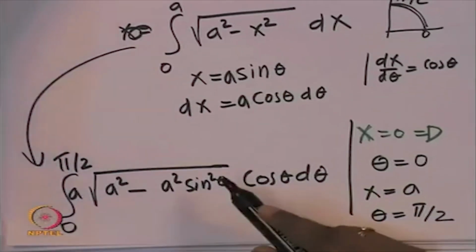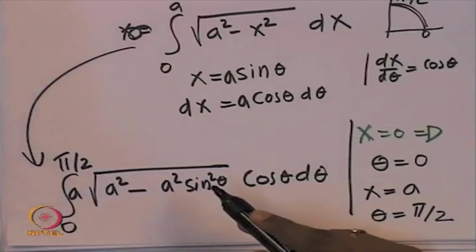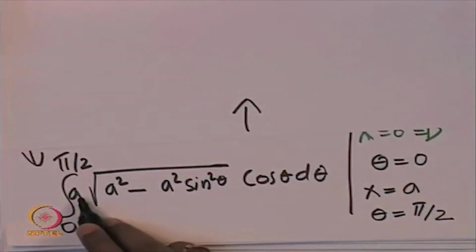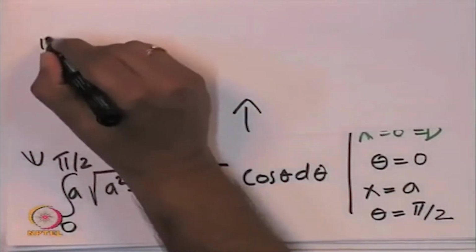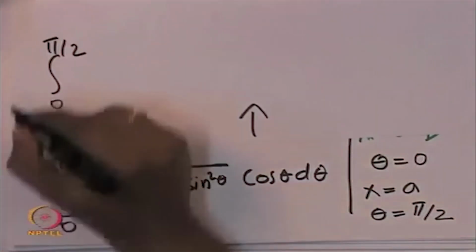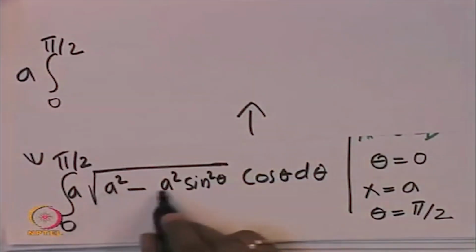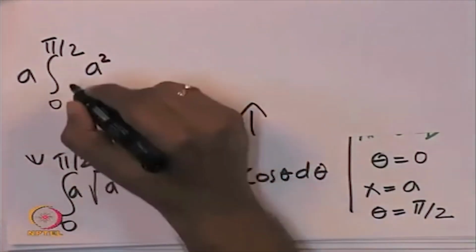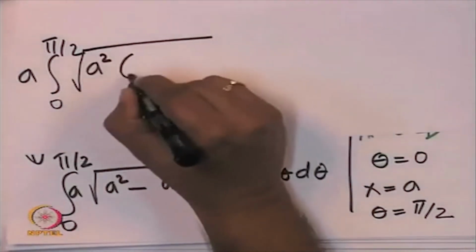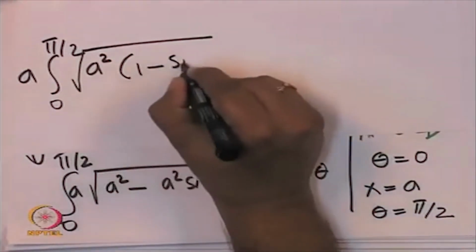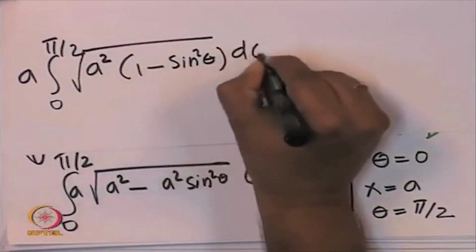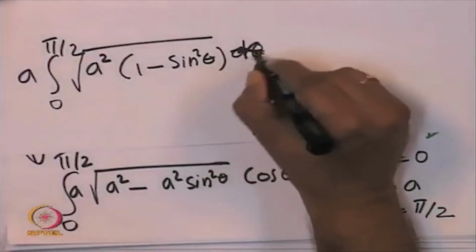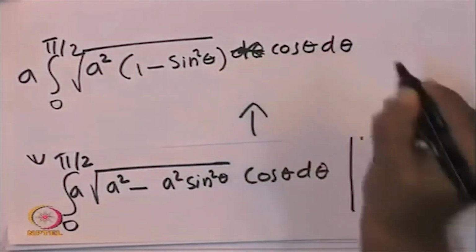If I rewrite, I have a from the root and a from dx, so a square, integral from 0 to pi by 2 of root of 1 minus sin square theta, times cos theta d theta.